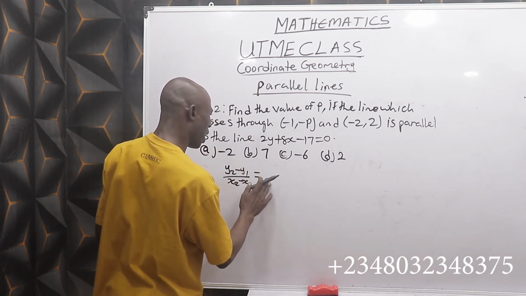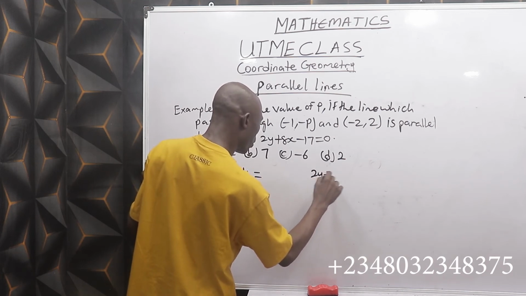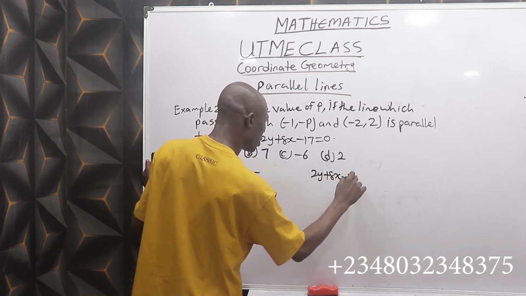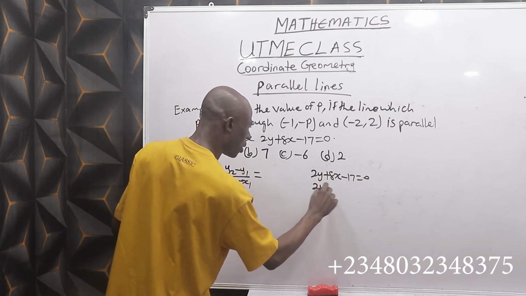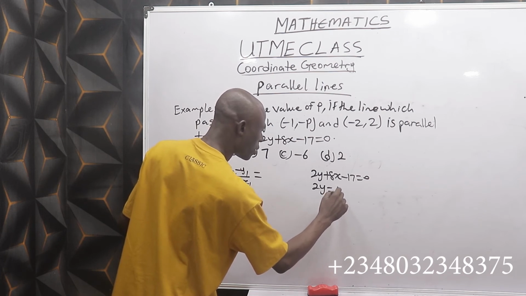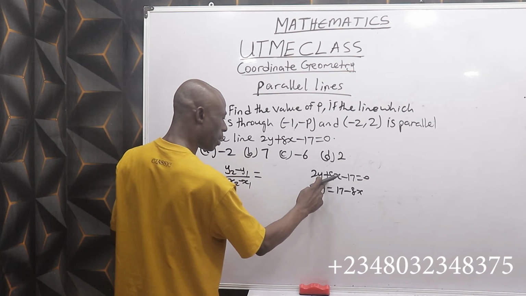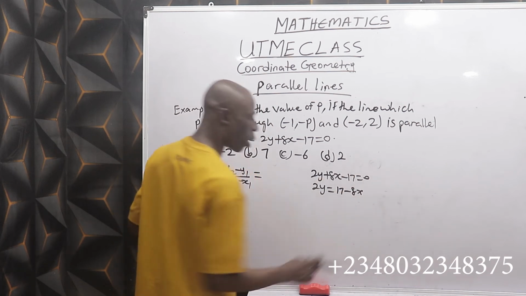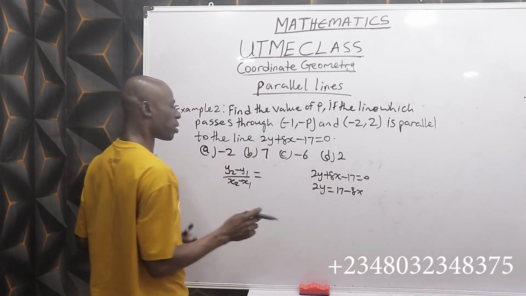Meanwhile, the gradient of this line, 2y plus 8x minus 17 equals 0: to find it, make y subject of the formula, which is 17 minus 8x. See what I'm doing? I take positive 8x to the other side, it becomes negative 8x. Negative 17 to the other side, it becomes positive.